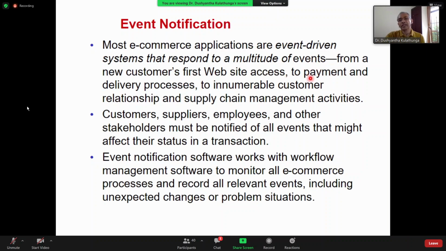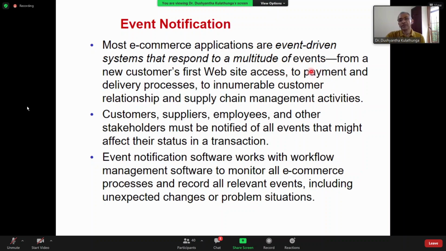Also, when you proceed to payments, that is one event which will lead to again different other events in relation to payment. When it comes to payment, you need to collect different information. It can be credit card related information. It can be delivery address related information. It can be other confirmatory information requested from the website, maybe entering OTPs or something like that.